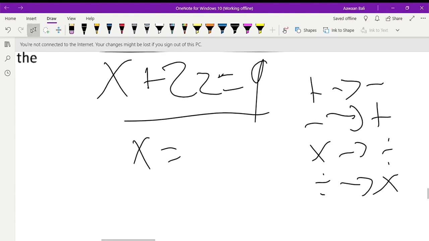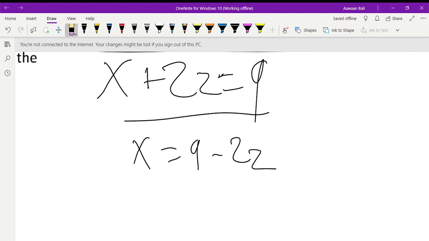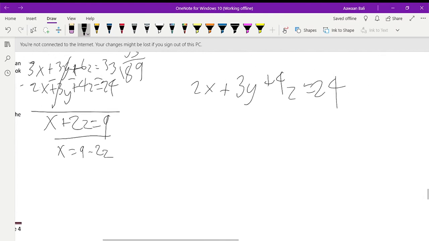So the plus becomes a minus here, so 9 minus 2z. It doesn't matter if the sign shows or not for addition and multiplication. You just have to still change it and inverse it. If there is no sign, just a positive number, then that means there's a plus, obviously. So x is equal to 9 minus 2z.